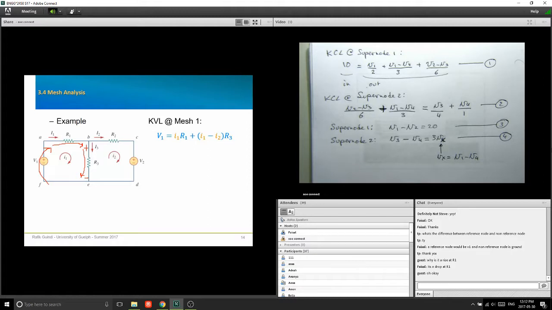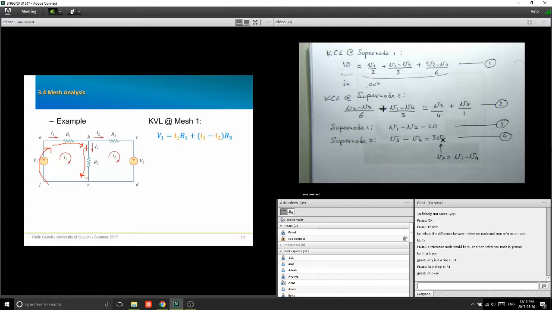So you have this drop, which is equal to small I1 minus small I2 times R3. And then you don't have anything here. Okay, so that concludes your KVL. And that's your first KVL equation.